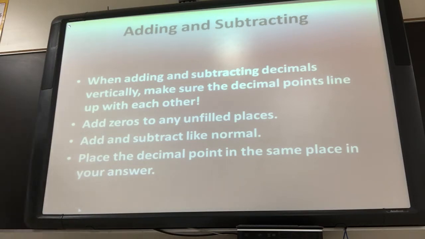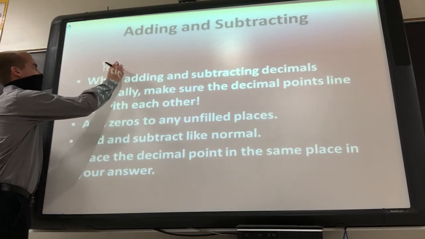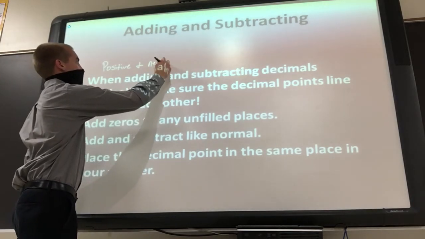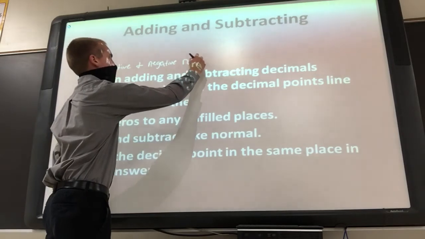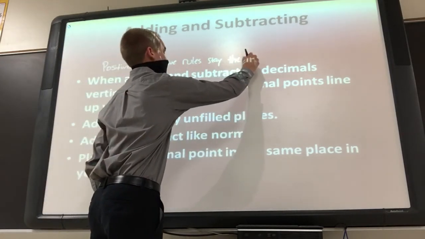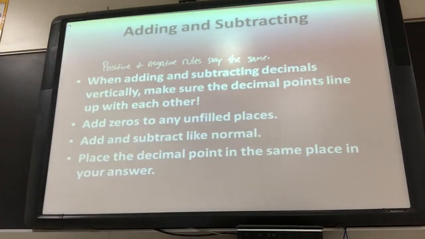One other thing I'll add, the positive and negative rules stay the same. If they were the same for fractions, they're going to be the same for decimals as well.